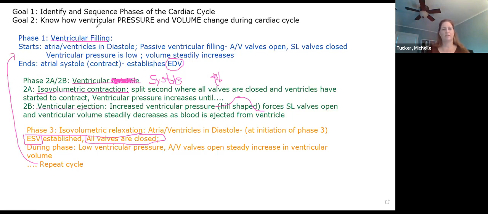Okay, so ventricular filling, then ventricular systole, please excuse my typo, which includes isovolumetric contraction and ventricular ejection. And then phase 3 is isovolumetric relaxation.